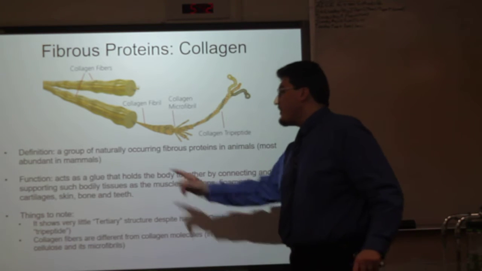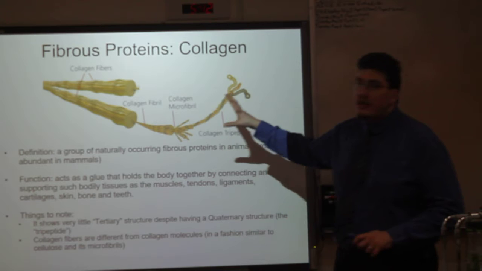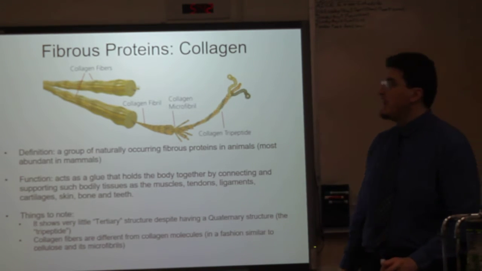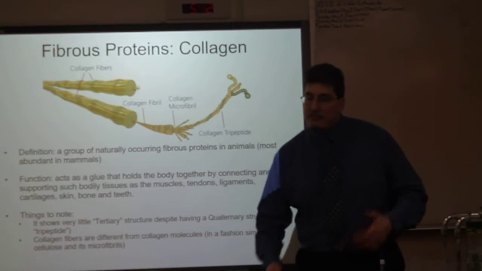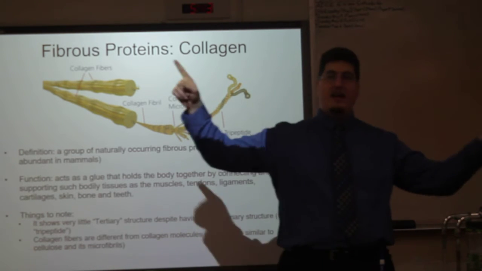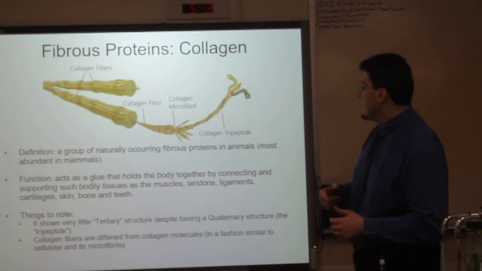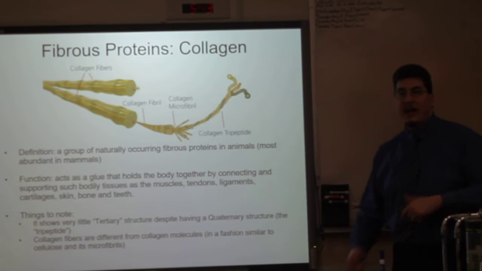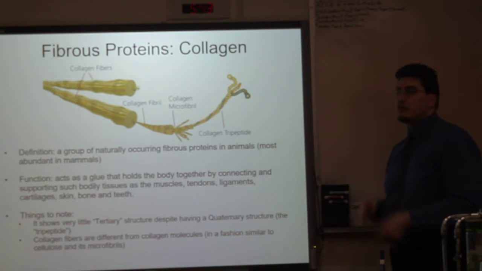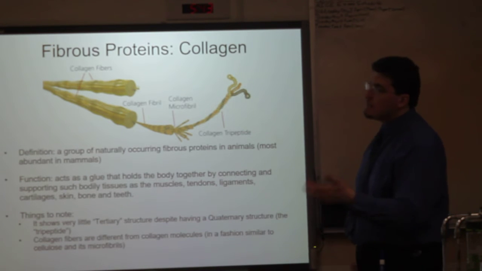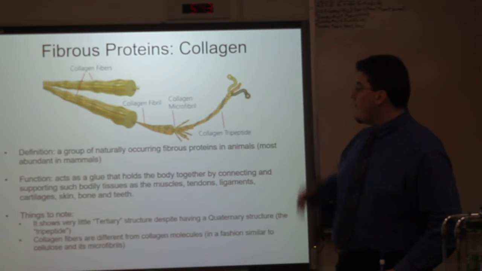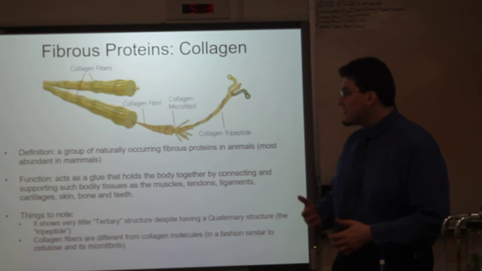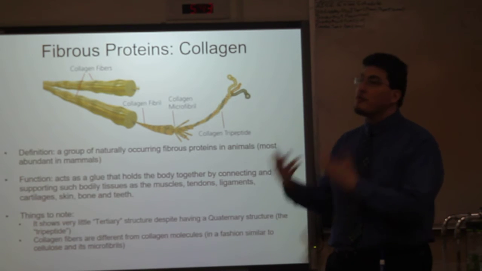All right. Things to note. There is very little in the way of tertiary structure, 3D conformation of a single polypeptide chain, here, because effectively what you're going to get is just a strand. And it'll have a quaternary structure where you'll have 3 individual polypeptide chains wrapped together, twisted together into a cord. So collagen fibers are different from collagen molecules in a fashion similar to how cellulose is to microfibrils.